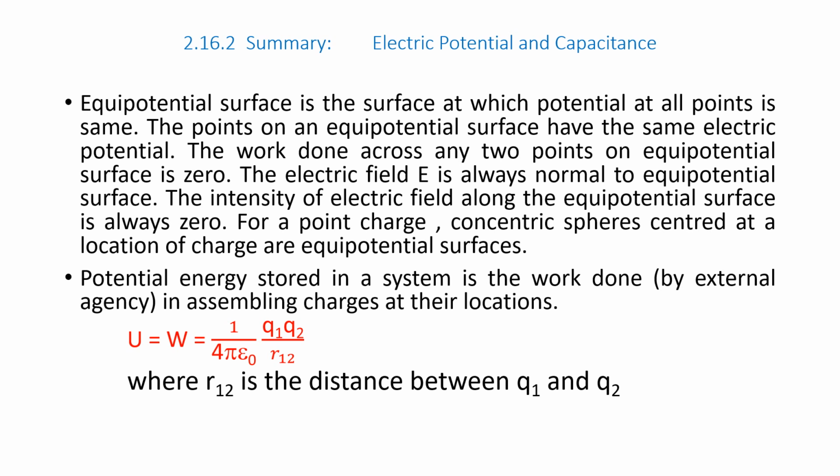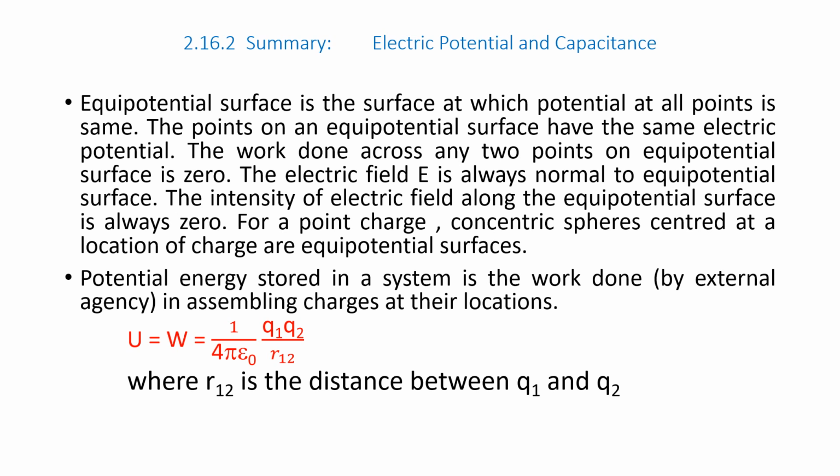The electric field E is always normal to the equipotential surface. The intensity of electric field along equipotential surface is always 0. For a point charge, concentric spheres centered at the location of charge are equipotential surfaces.